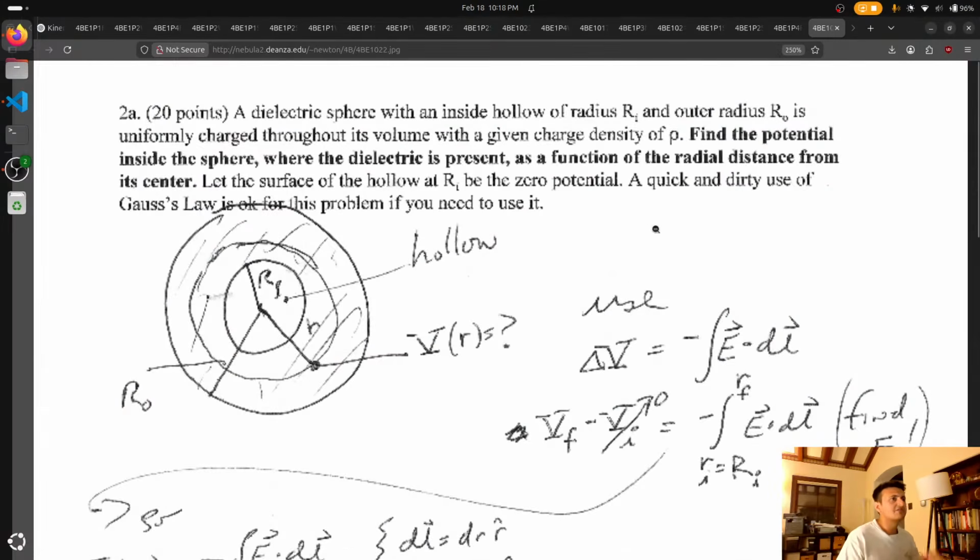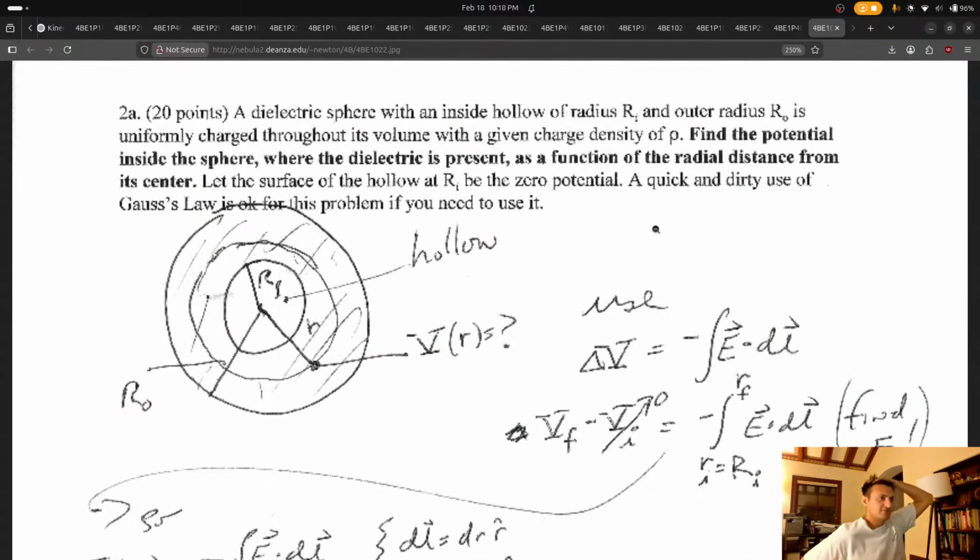A dielectric sphere with an inside hollow of radius Ri and an outer radius Ro is uniformly charged throughout its volume with a given charge density rho.